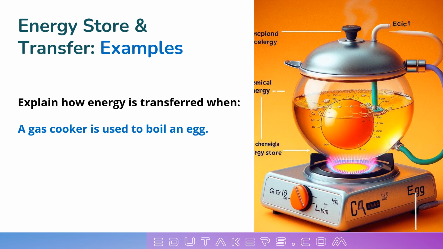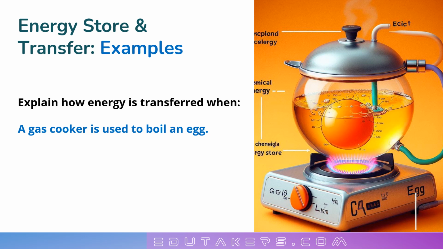When using a gas cooker to boil an egg, we witness a chain of energy transfers. The process begins with the chemical potential energy stored in the gas, like methane. As the gas combusts, this chemical energy is released in the form of heat. The heat is then transferred to the base of the pot. The pot, being in direct contact with the gas flame, conducts the heat to the water inside.